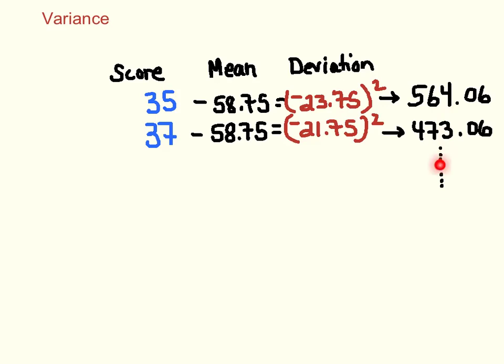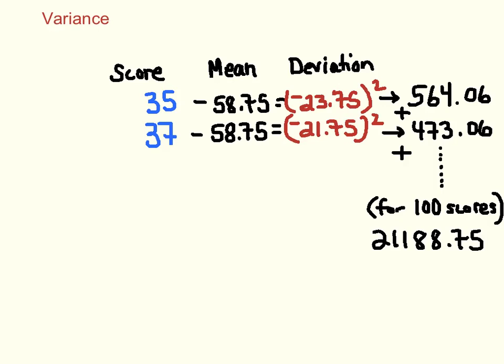We add all of those up across the 100 scores, and then we get a sum. So here is the sum of the squared deviations from the mean.